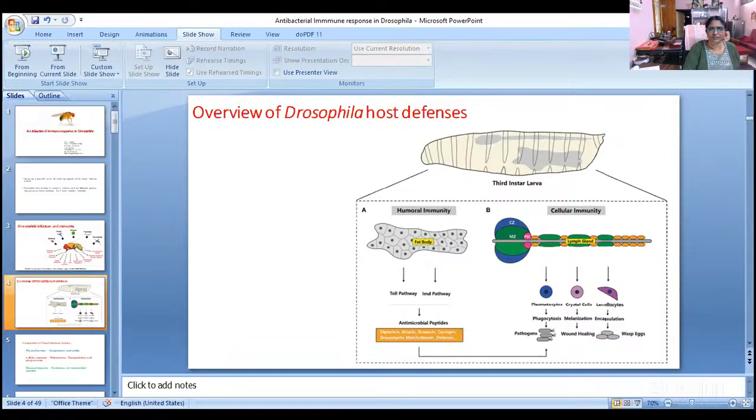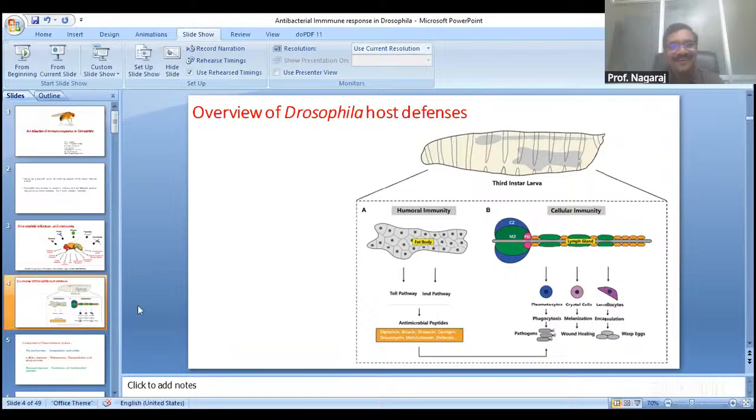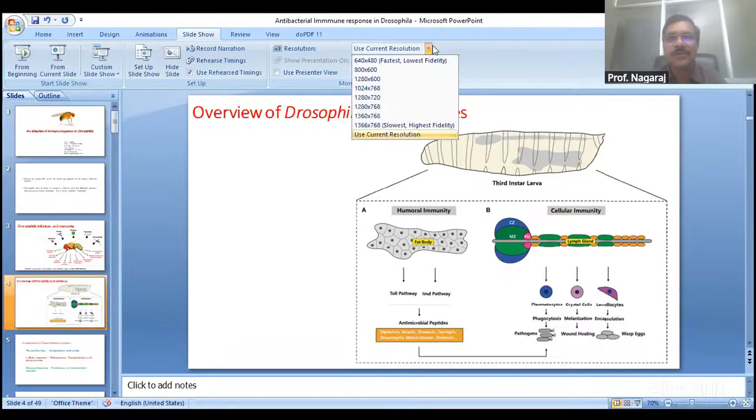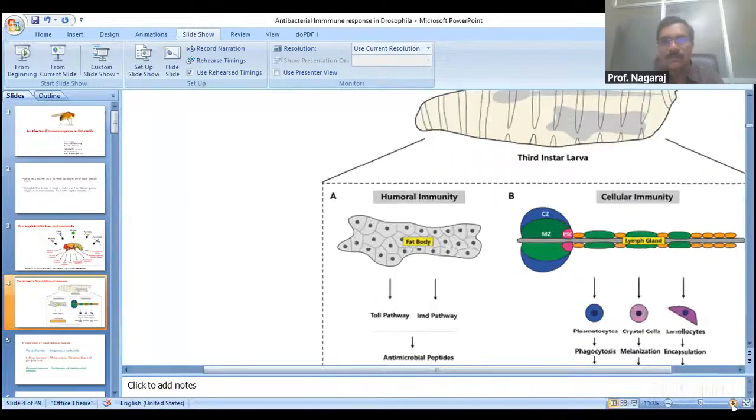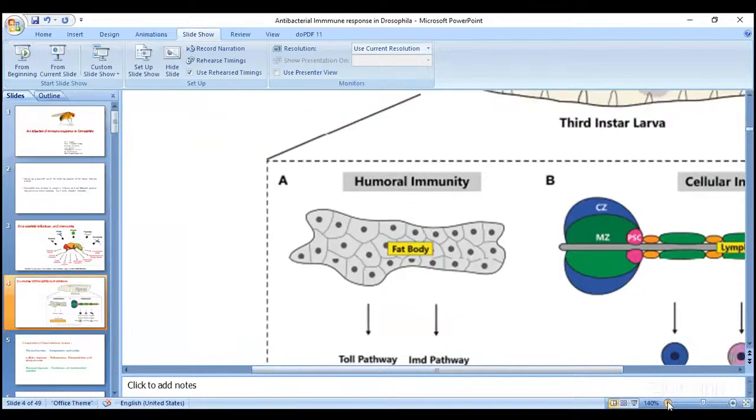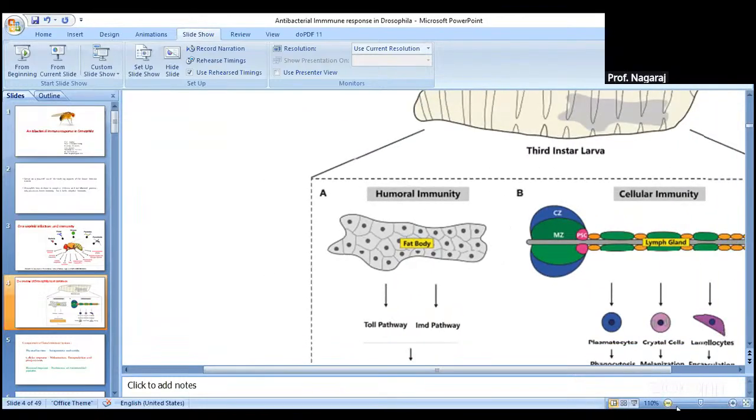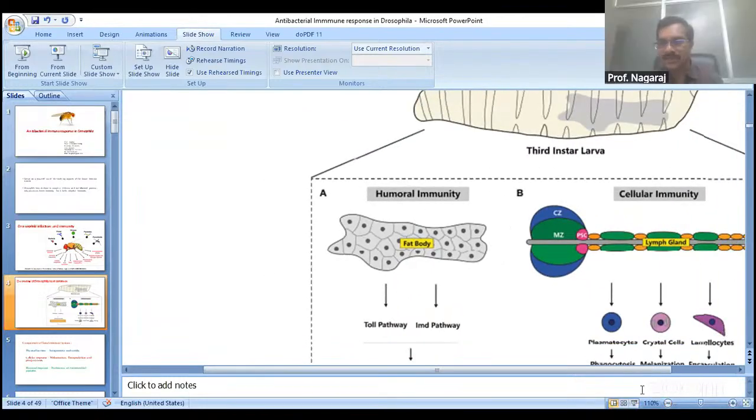You can move on, sir. Okay. You can proceed. Sir, I don't know how. It used to come. I don't know how it is. Use current resolution. Okay. What I can do is I can zoom it a little. Yes. Okay, then I will do that now. Oh, I can't see this here.